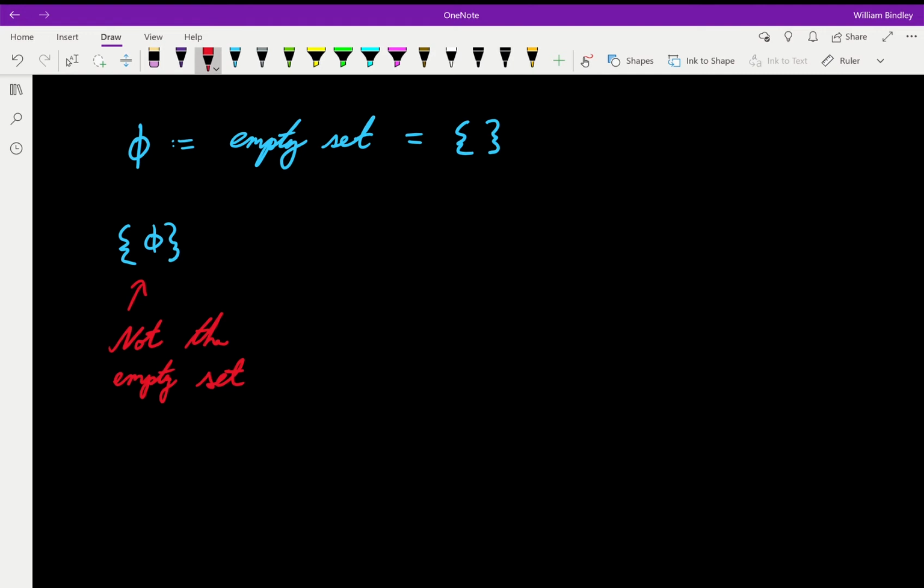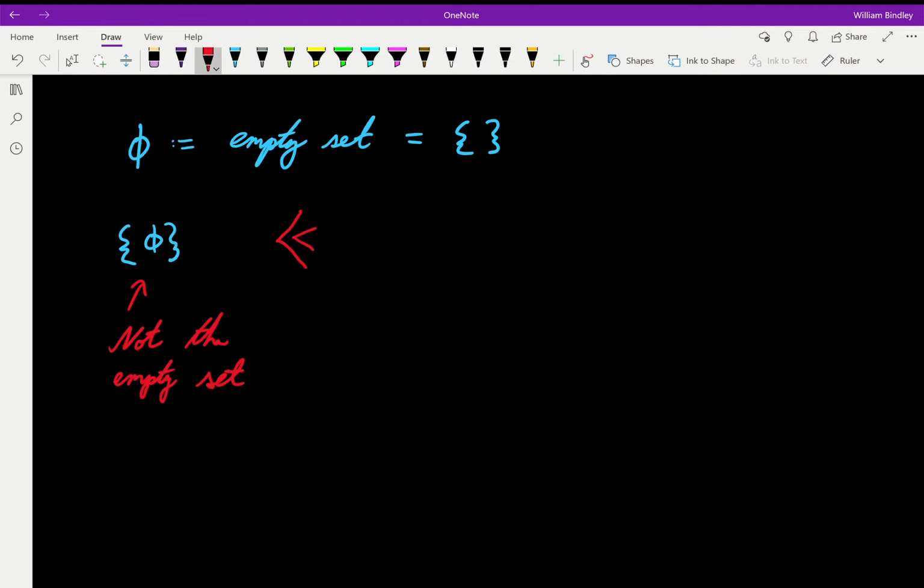So that's a bit like what the empty set is, and you can see that this here is like the scenario in which you had a folder, and you put inside it another folder. Now the folder inside the outer folder is empty.